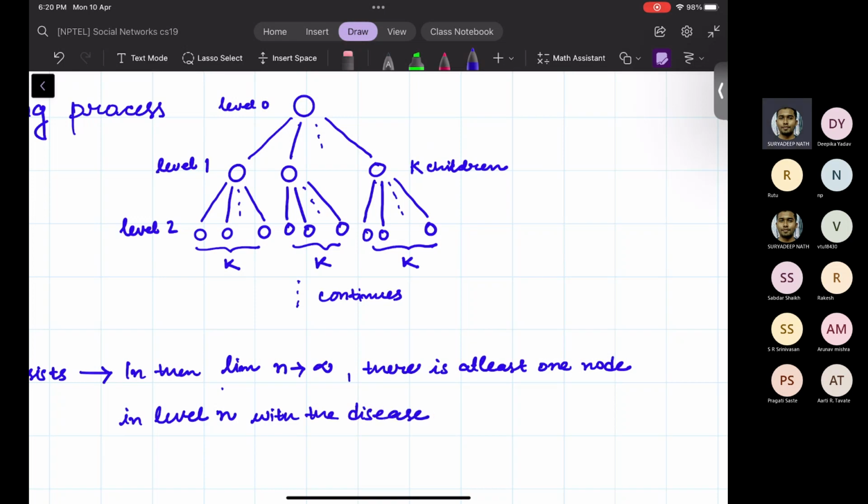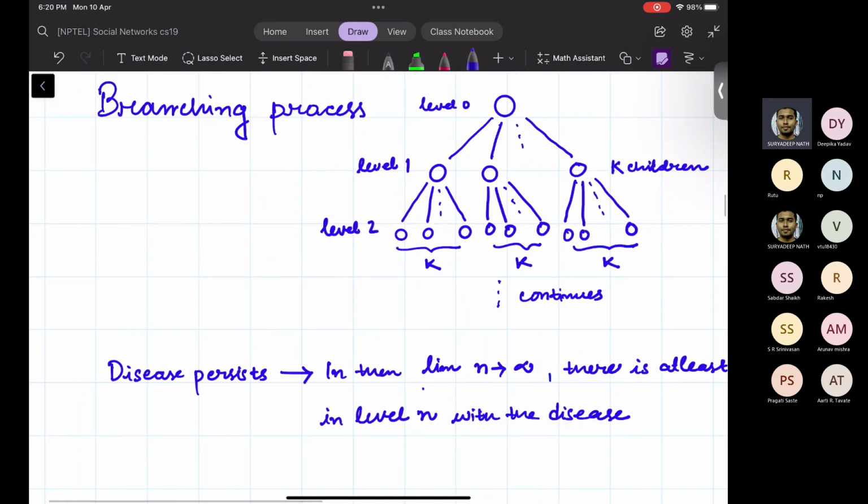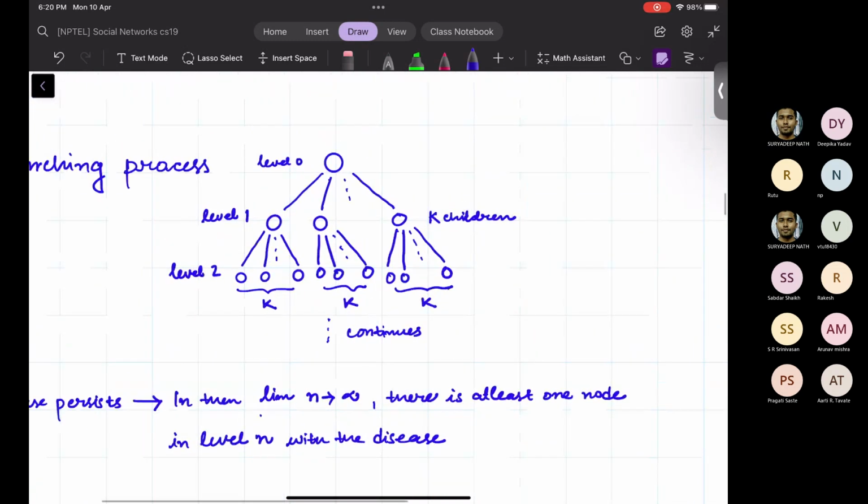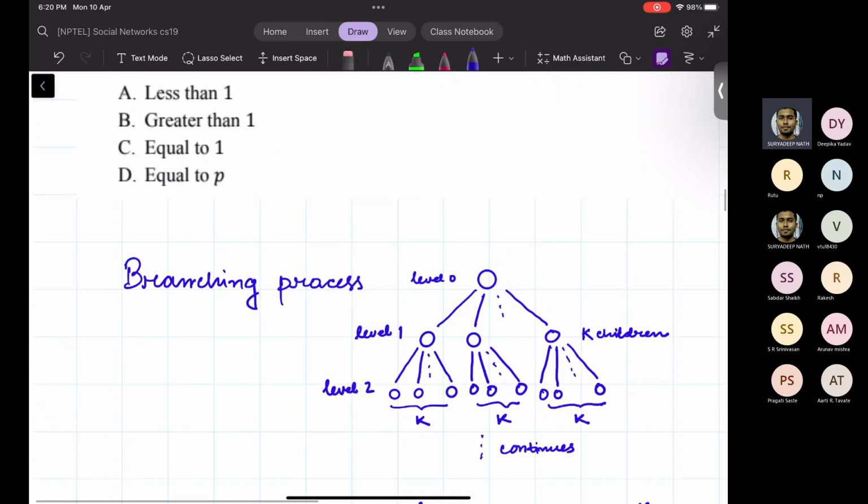So that means the disease is still persisting in the network in the branching process. This is the definition of disease persisting.